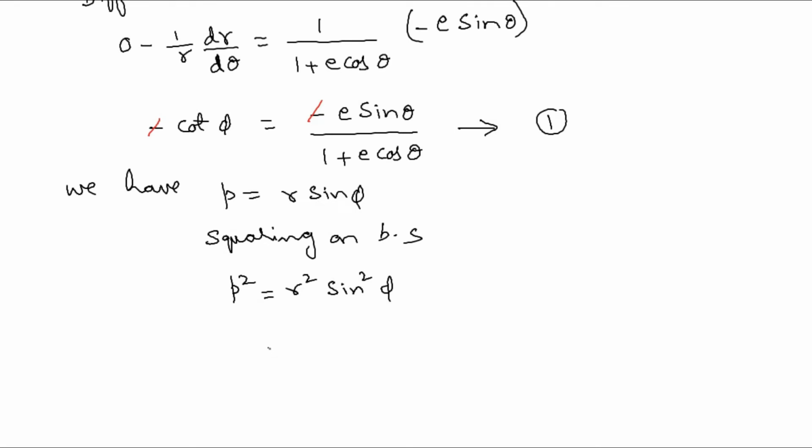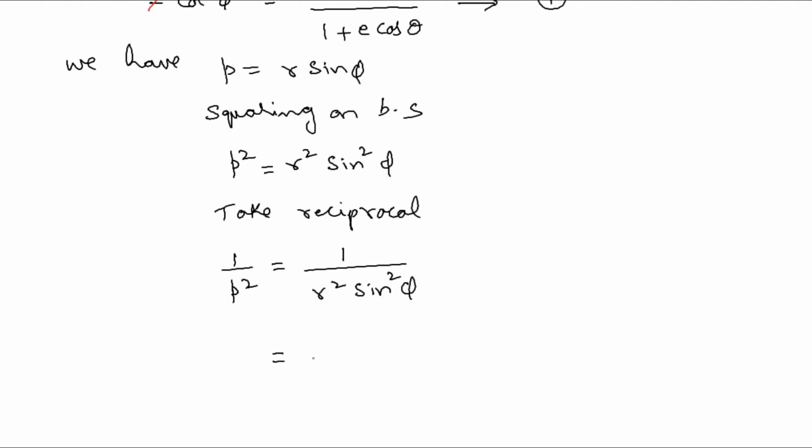Now I'll take the reciprocal on both the sides. If I take the reciprocal, it becomes 1 by p square equal to 1 by r square sine square of phi.